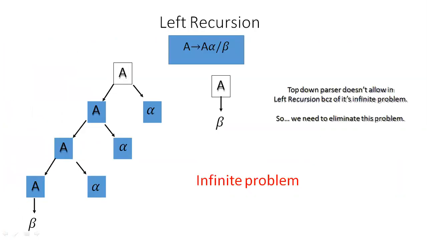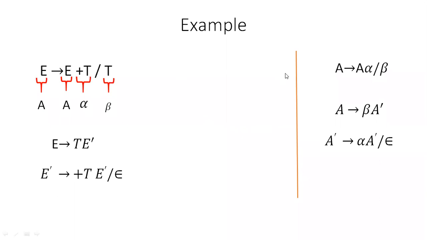How to eliminate? Just write the rule here, map that rule with A tends to A alpha or beta, and change that rule into these two steps. Then finally check again: is there any left recursion problem after modifying?